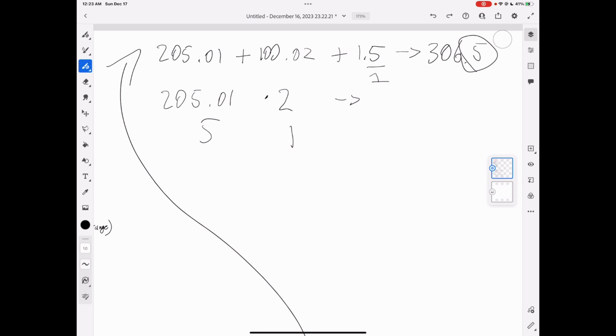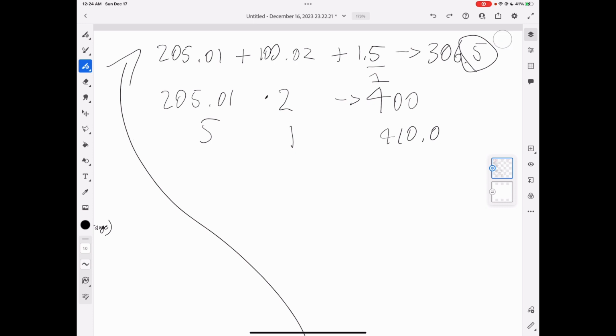So this would be just 400. If you're still wondering why, this will be 205 times 2, 410.02. And since we don't want anything after the first one, we round this. And since 1 is less than 5, we round down to 400. And note that this only has 1 significant digit and 2 trailing zeros.